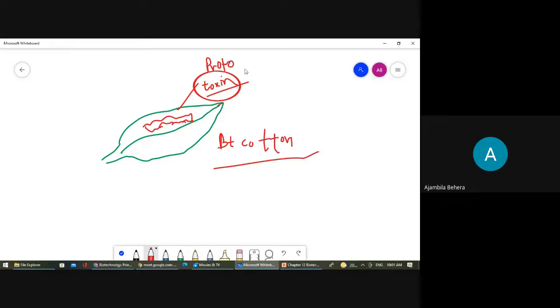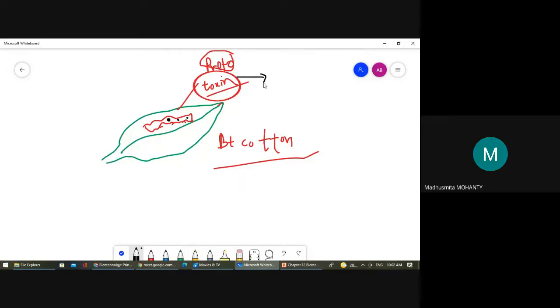When this prototoxin is consumed by this caterpillar, that chemical will be going inside, and in the midgut of the caterpillar, do you know what happens to this toxin? Yeah, anybody?